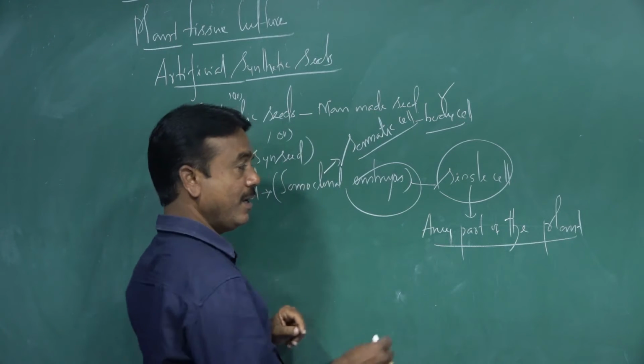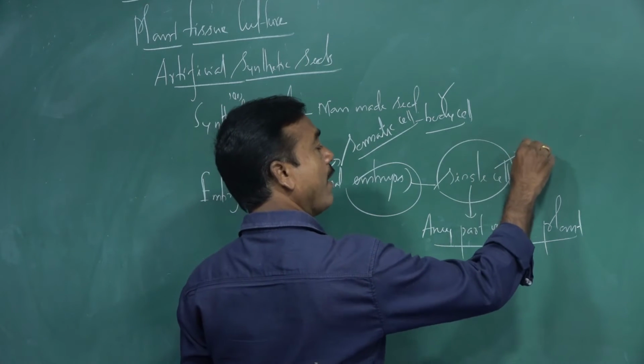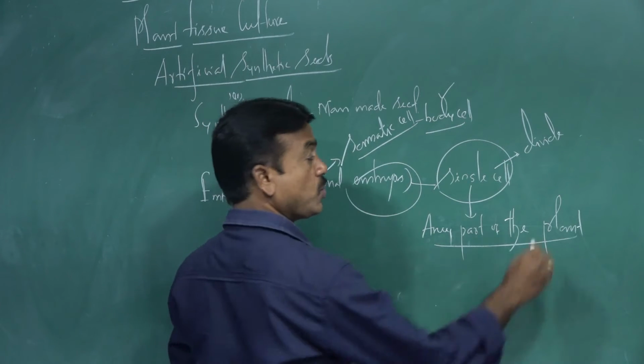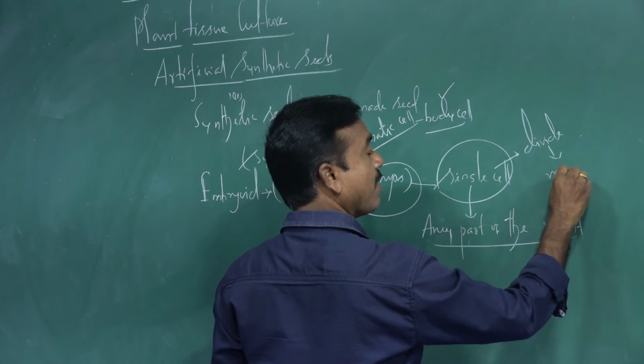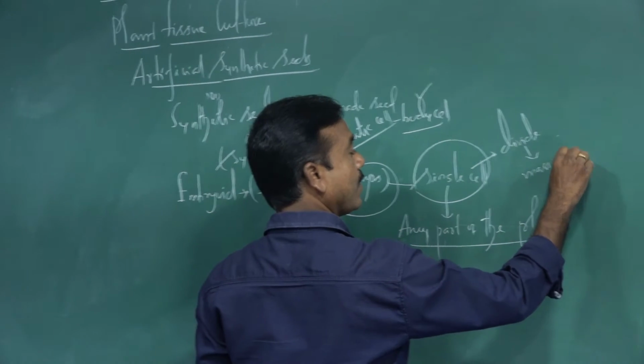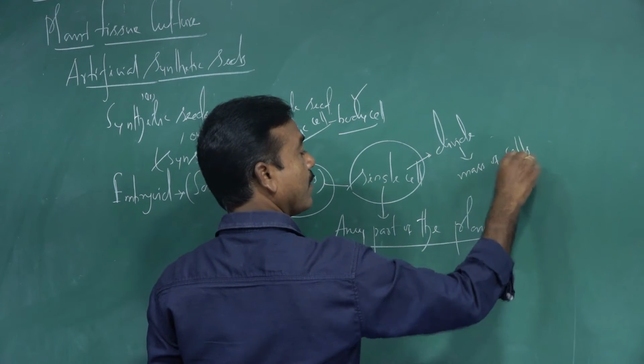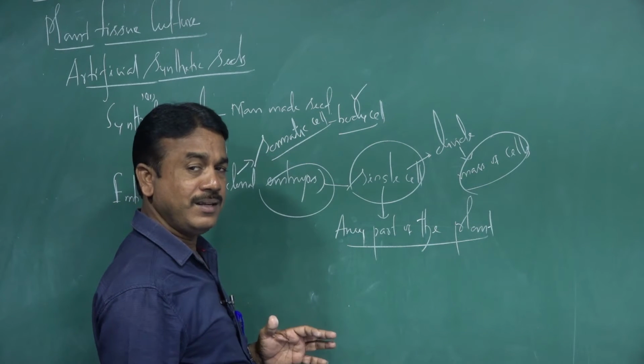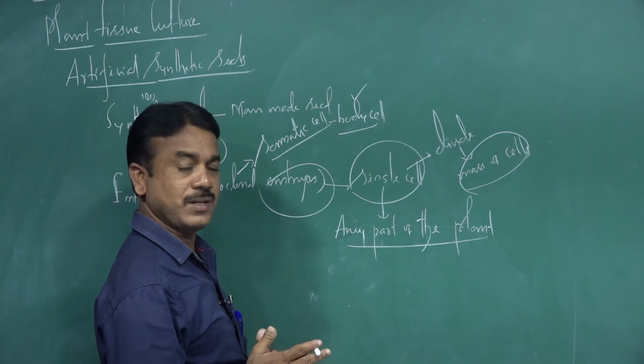After that, the single cell undergoes division, producing a mass of cells.